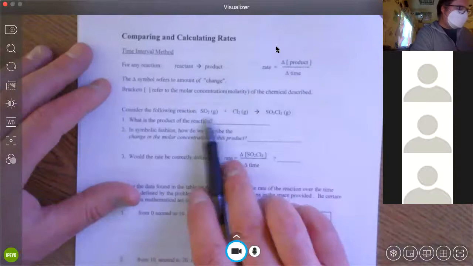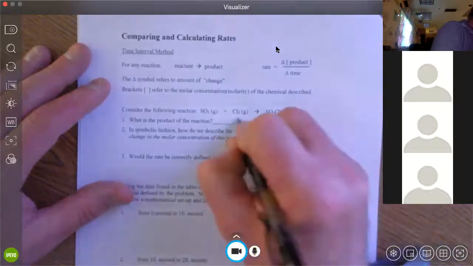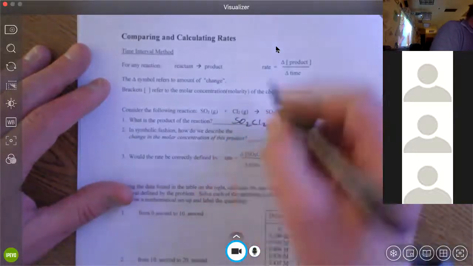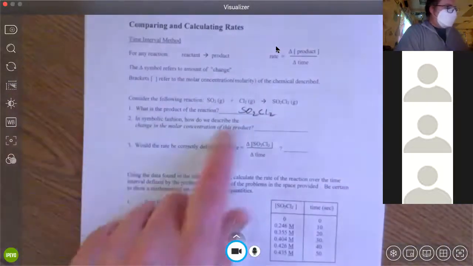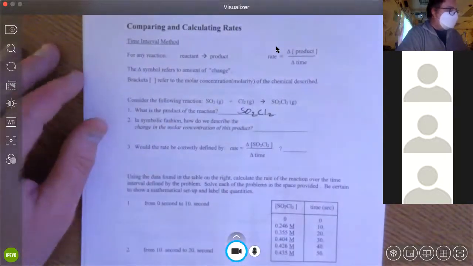So what is the product in this reaction? SO2 Cl2. So if that's the product of the reaction, how would we show the concentration of the product?